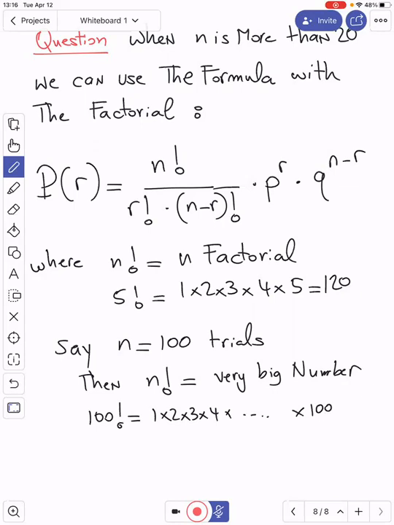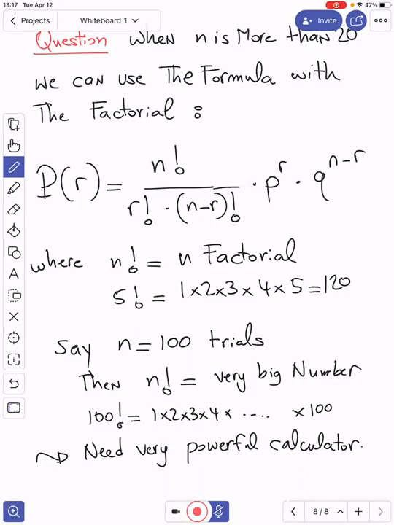So the calculators require large computing power, and you're going to need a very powerful calculator. Let's say we have a very basic calculator, so I cannot really compute this 100 factorial.